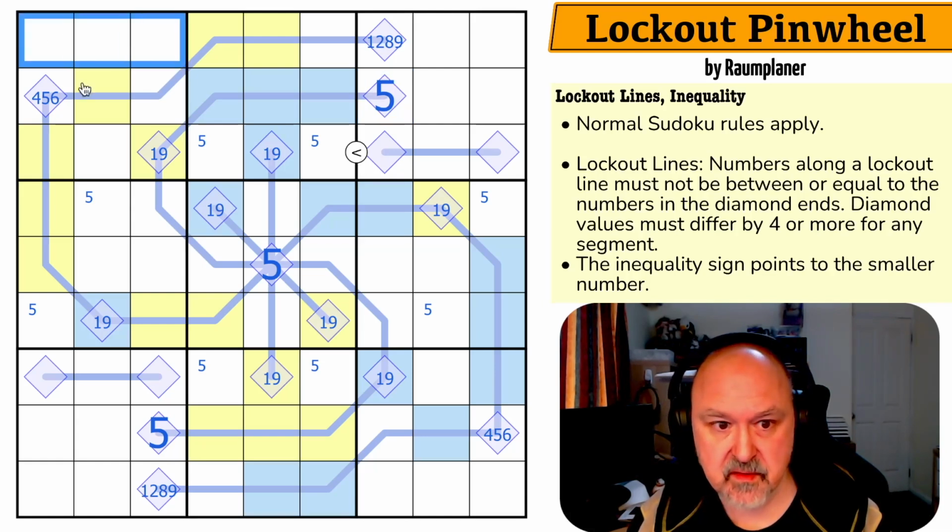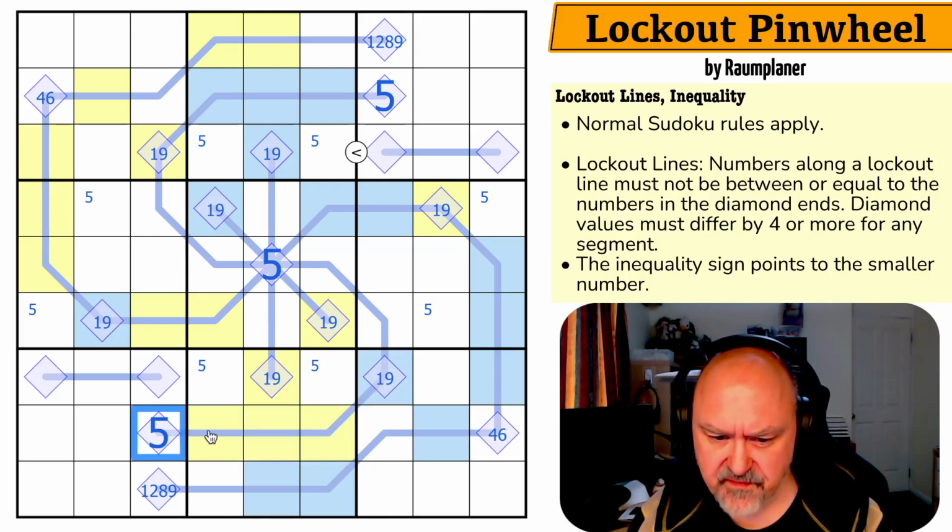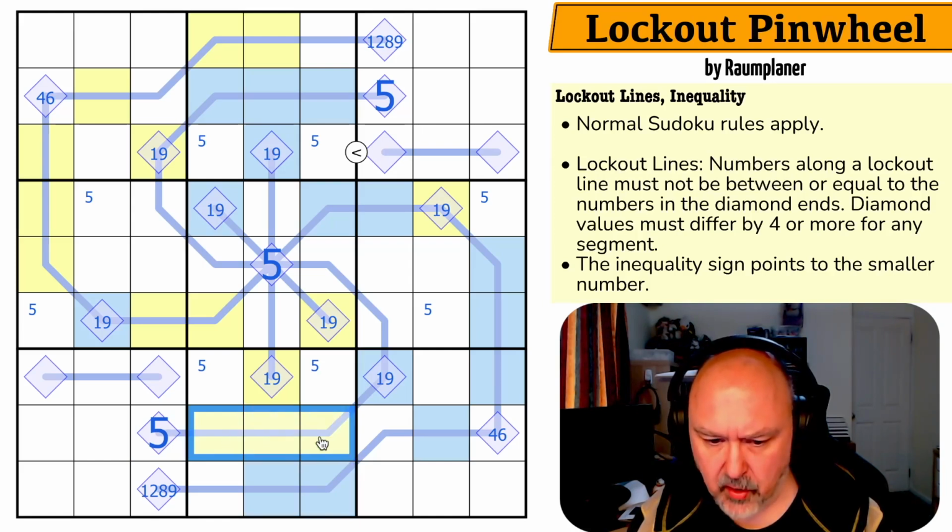Which means that's not a 5 and that's not a 5. This is 4 or 6. Which means... But this, if this is 1, 5, this is the yellow. Because of the 9, this is the yellow 6, 7, 8.